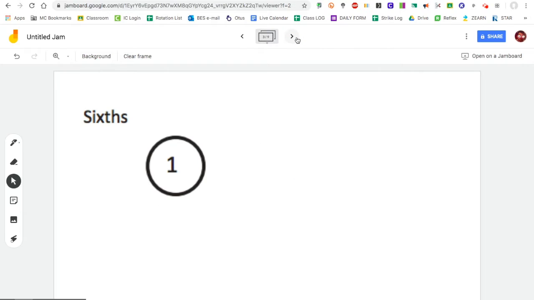Pretty simple. Now I'm going to ask you, how many circles will I draw to make a number bond for sixths? If you said 6 circles, you are correct. So we would write what fraction in each circle? If you said 1/6, you are correct.